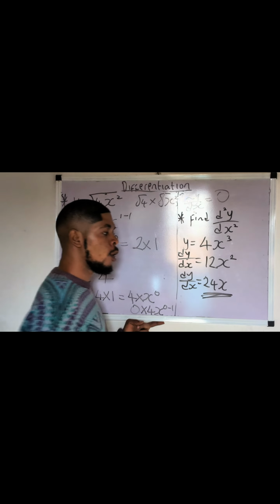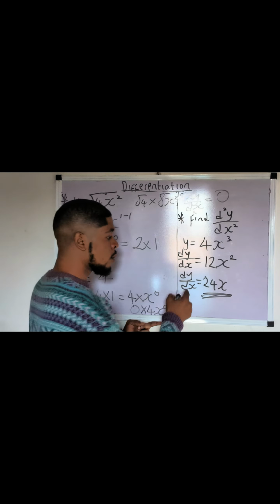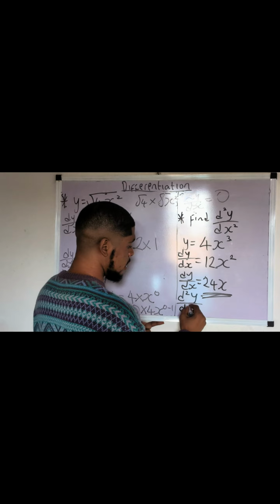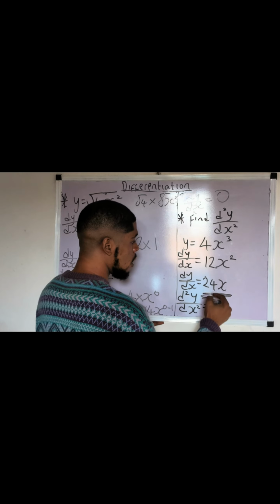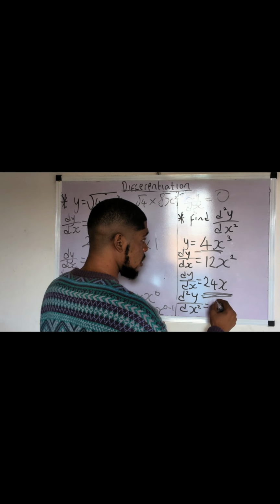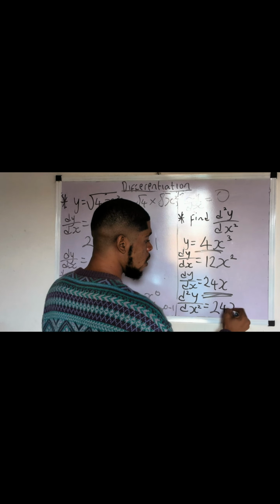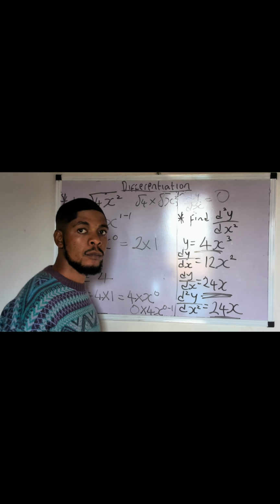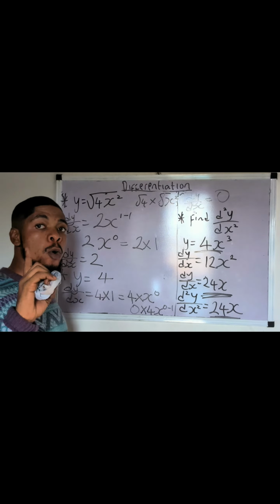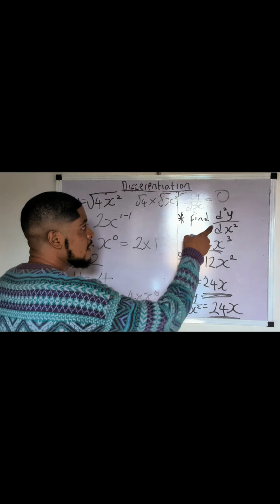So this becomes your answer. Are you following? So d squared y over dx squared is 24x.